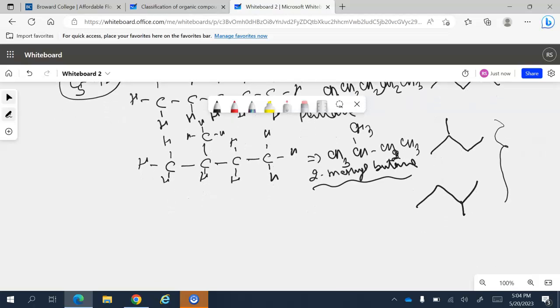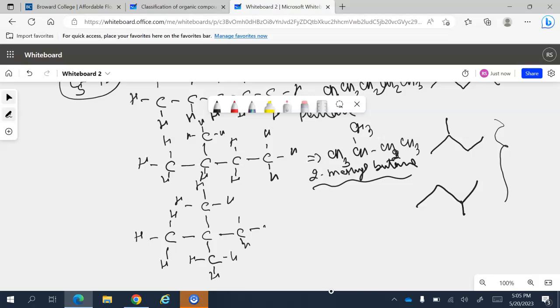There is another way of writing this 5 carbon compound, right? 3 carbons in the chain and 2 carbons as the branch. Still 5 carbons, and all the rest are hydrogens.